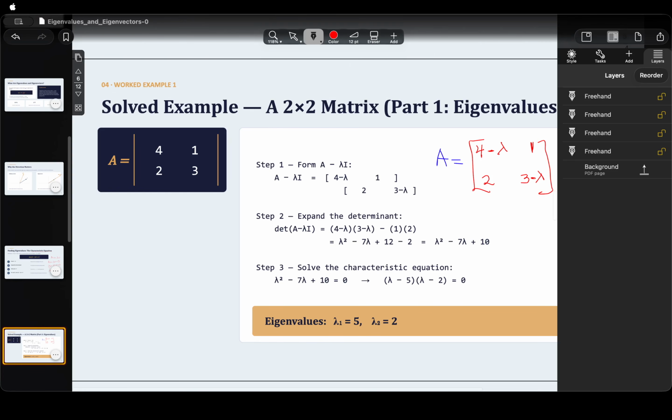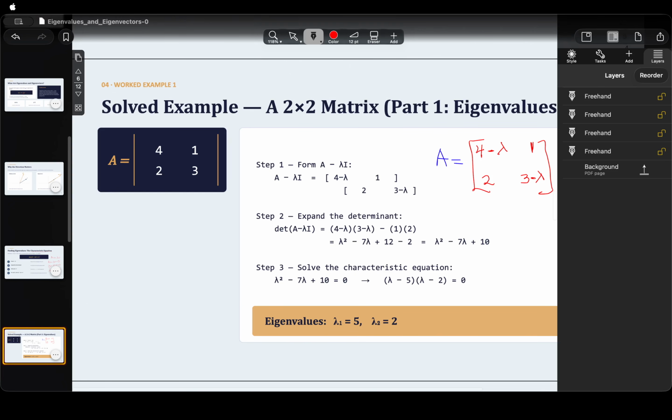And you know what the determinant is. The determinant of this matrix is going to be this and that, right? So I find the determinant A minus lambda I, right? So you have this and that as well.